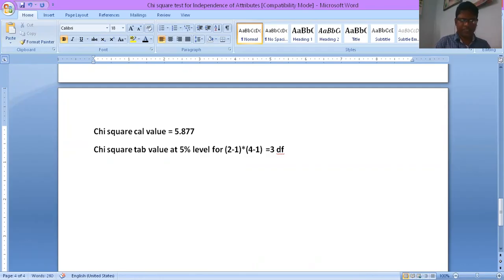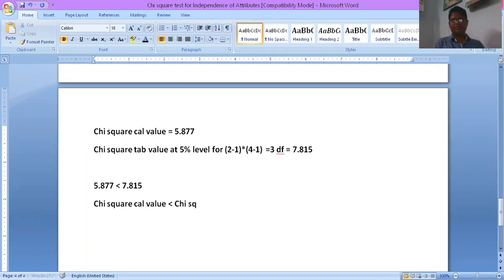And the value is 7.815. Make a comparison now. So 5.877 is less than 7.815. That means chi-square calculated value is less than chi-square tabulated value.